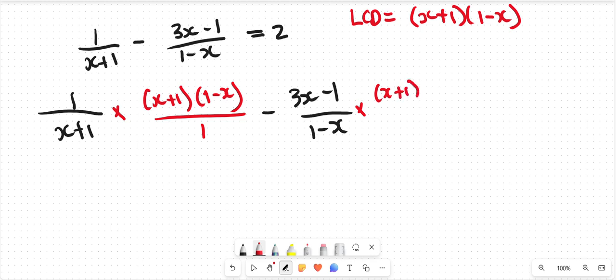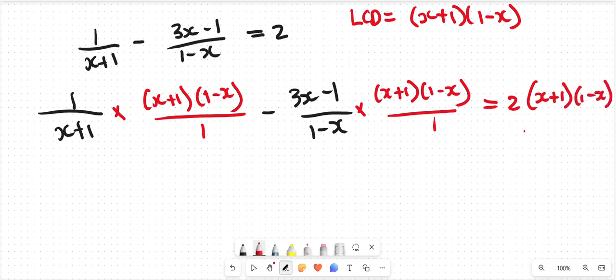So everything needs to be times by my LCD, guys. Not just the fractions, even the right hand side needs to be times by the LCD. If you forget to times the right hand side, you will lose marks. Your answer will not be correct, guys.